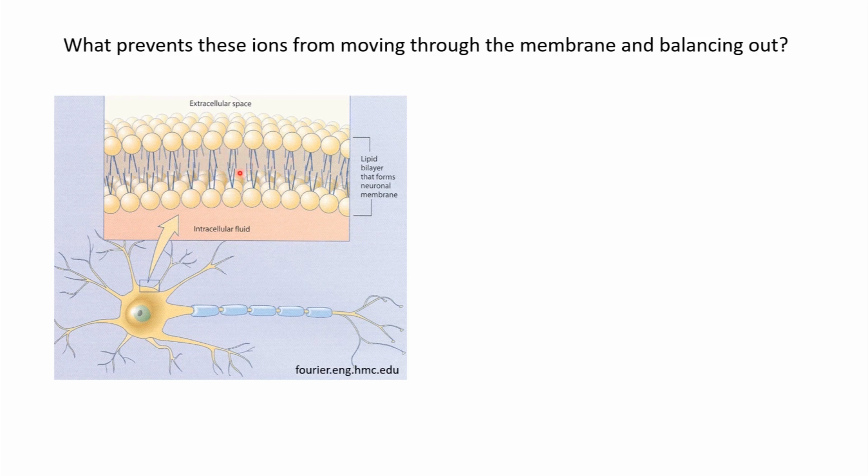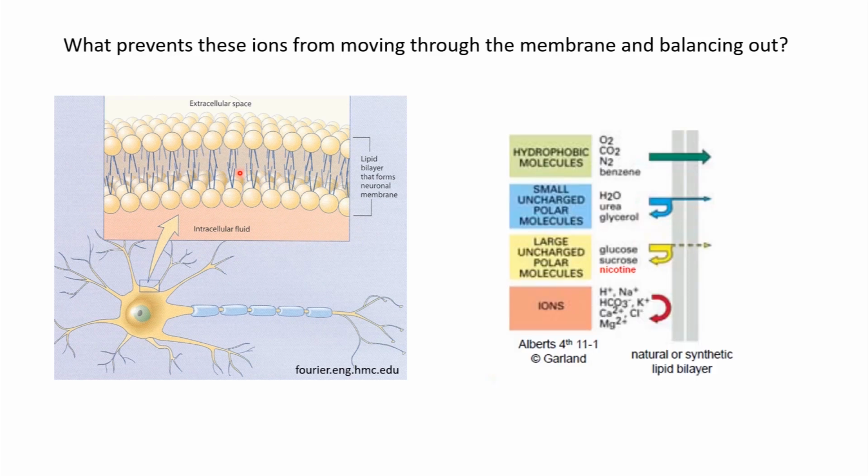But it is permeable to other non-charged or non-polar molecules. For example, oxygen or carbon dioxide or other small gases, these can easily pass through the membrane. Some non-charged but polar molecules like water or urea can also pass through in some small quantity.